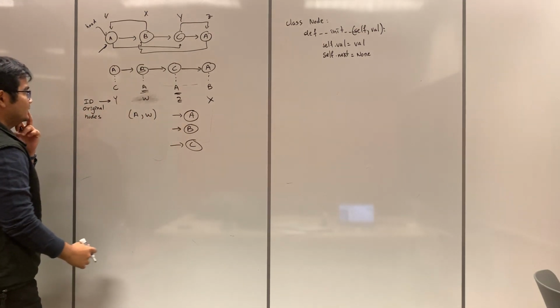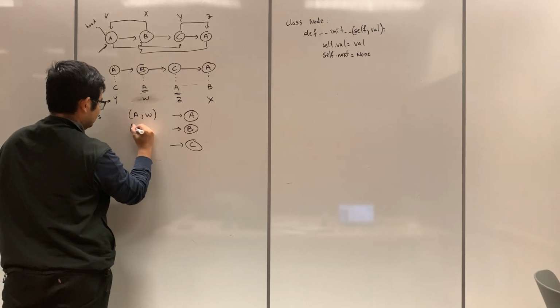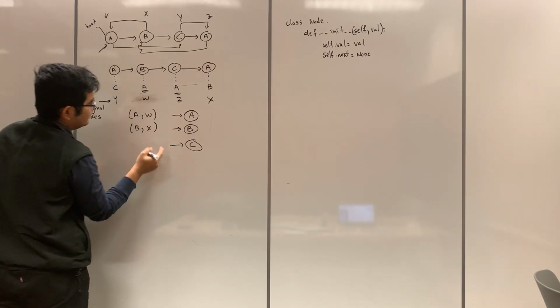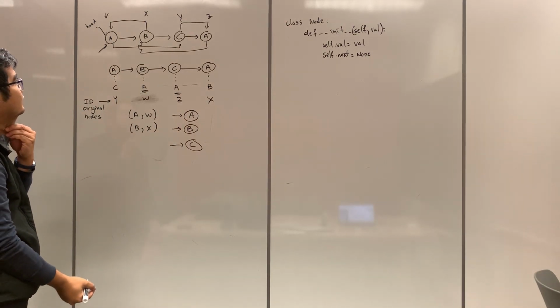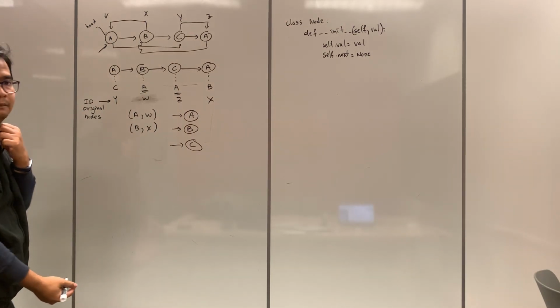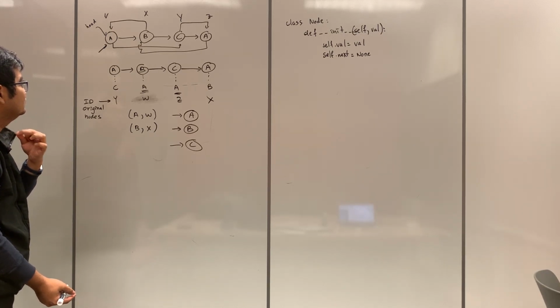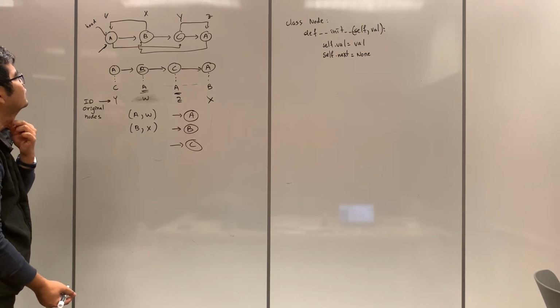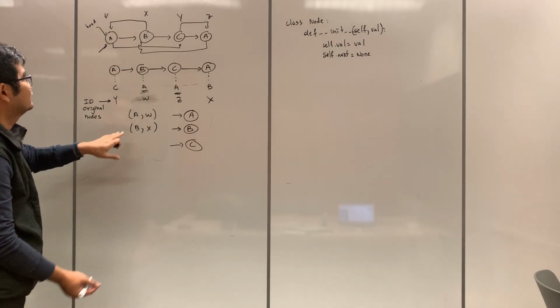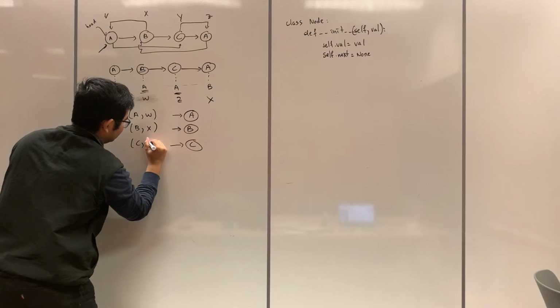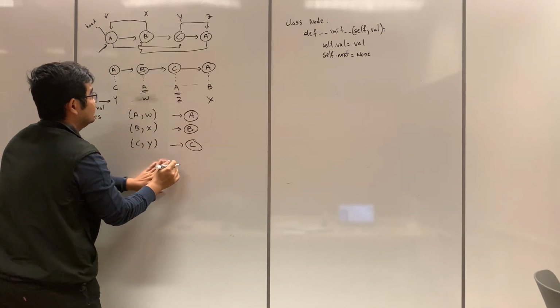And B right here would be B and X. And C would be C, and the identity of the original node is Y.